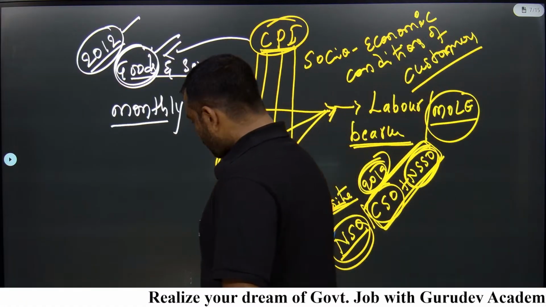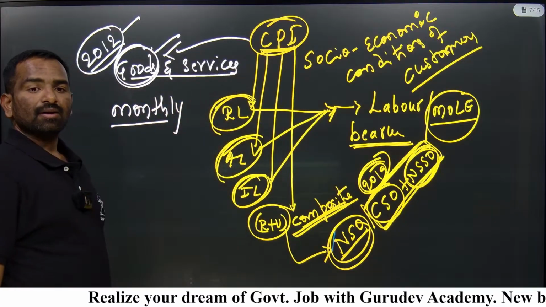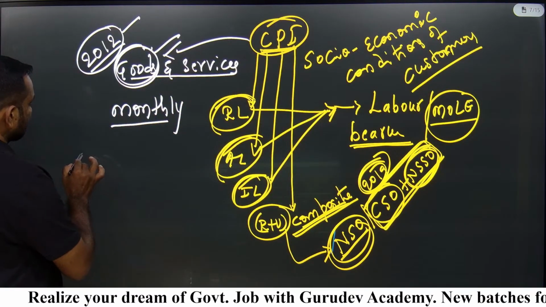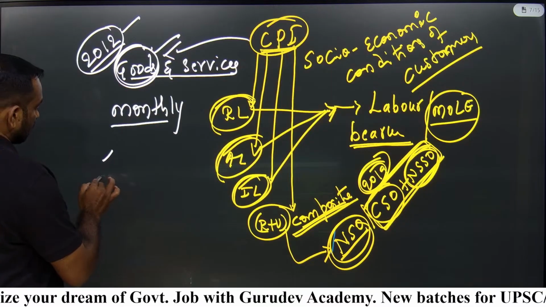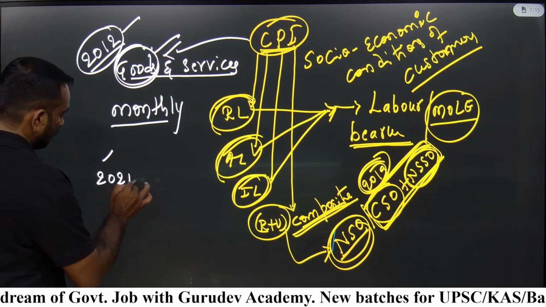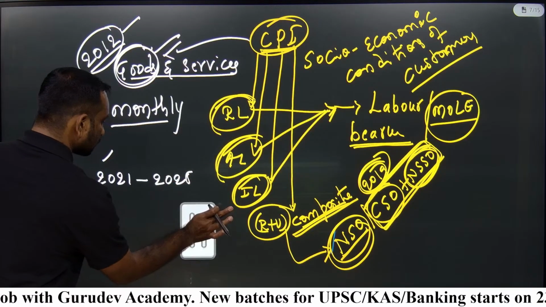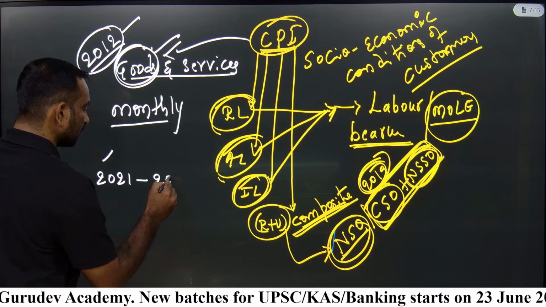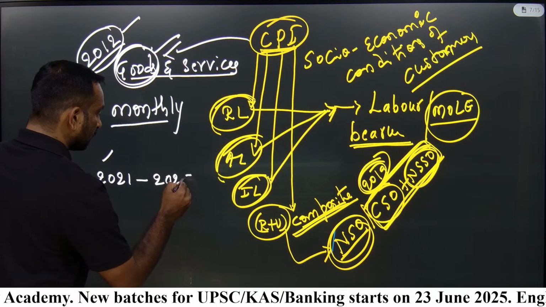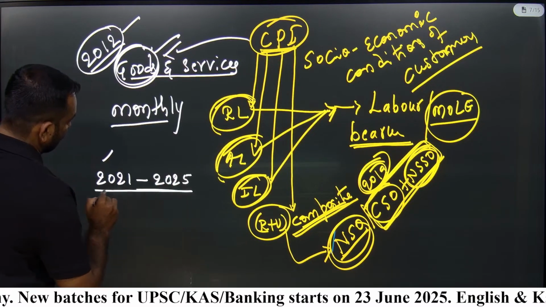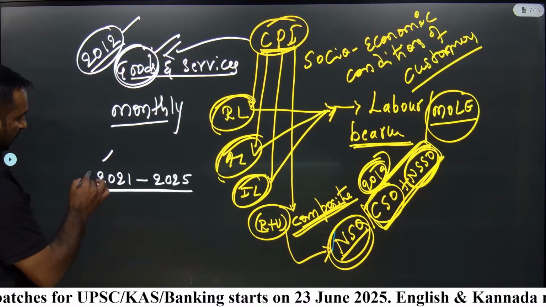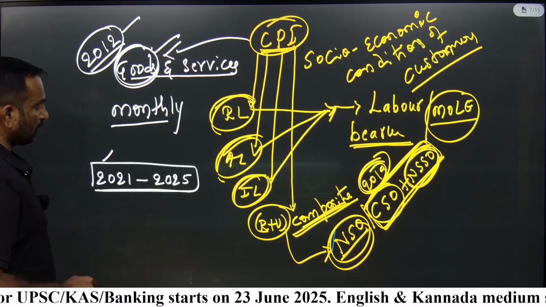And the government of India fixed the inflation target for the term 2021 to 2025.